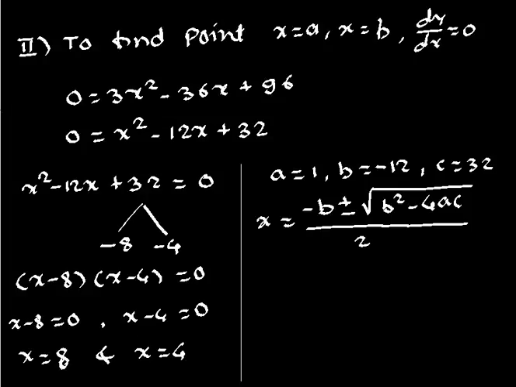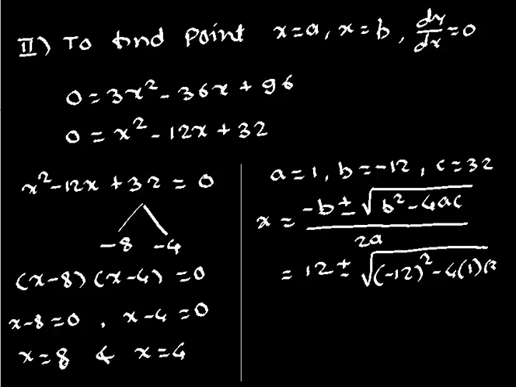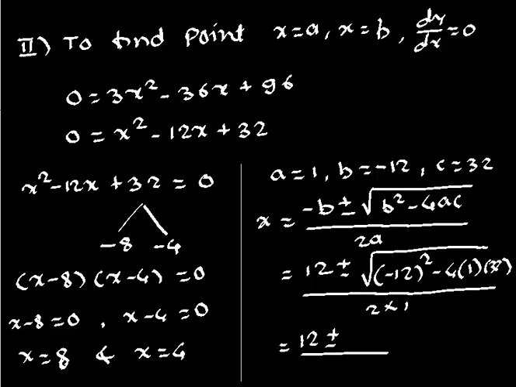This is the standard formula for solving a quadratic equation. So it will be minus of minus 12, that is 12, plus or minus under root of minus 12 square minus 4, a is 1, c is 32, upon 2 into a is 1.